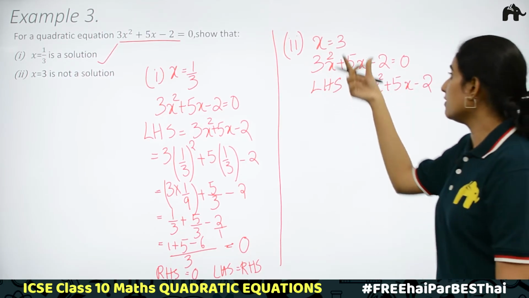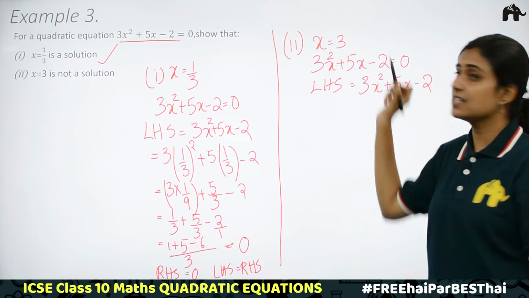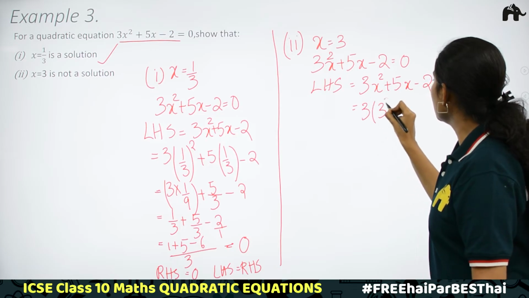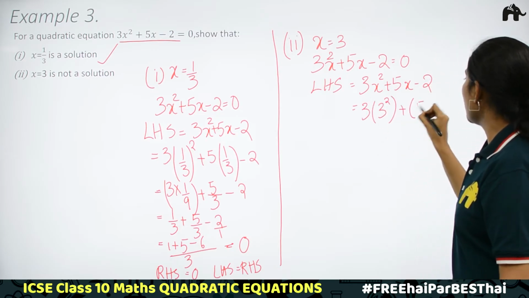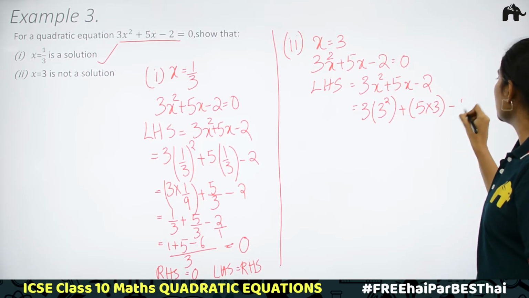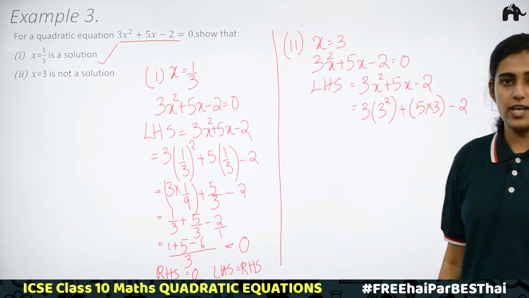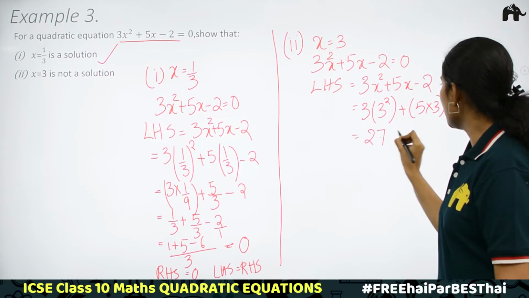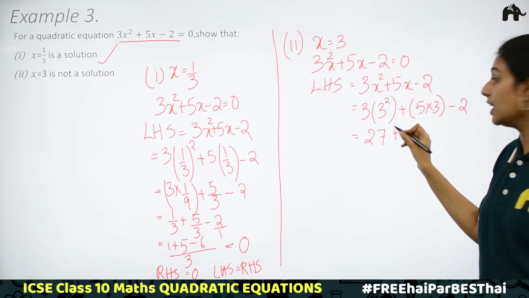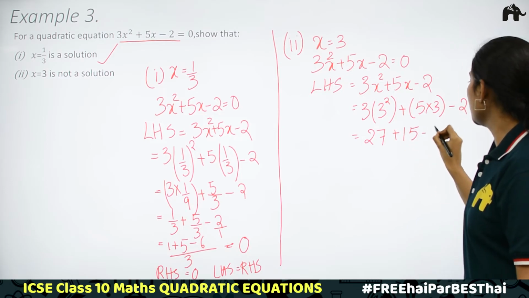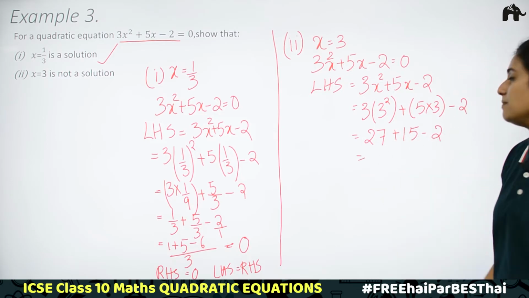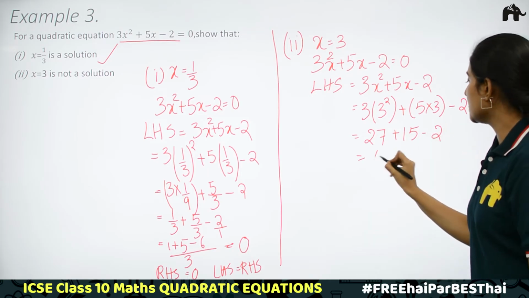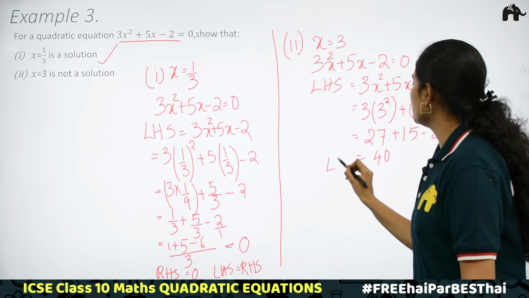We have to substitute the value of x, that is given x is equal to 3. 3 into 3 square plus 5 into 3 minus 2. 3 square is 9, 9 into 3 is 27. 27 plus 5 into 3, 15, minus 2. 27 plus 15 is 42. 42 minus 2, 40. You will be getting LHS is equal to 40.